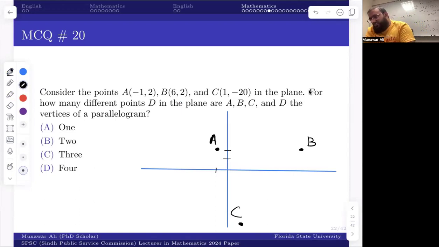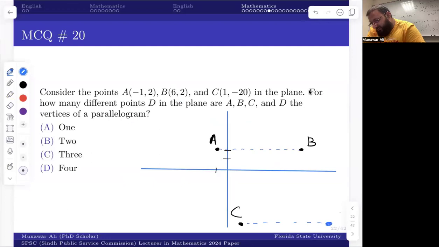Okay, what I'm going to do is, if I take this line AB and I want a line which is parallel to this, there are 2 possibilities that I have. One possibility is going along this way.